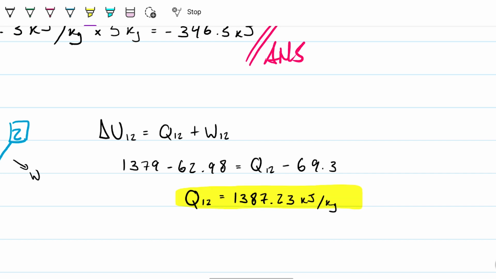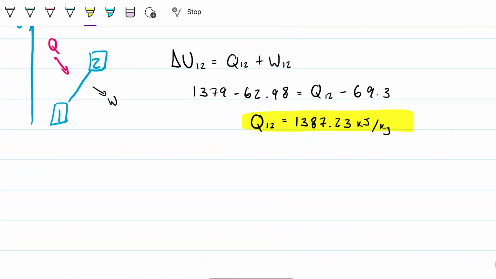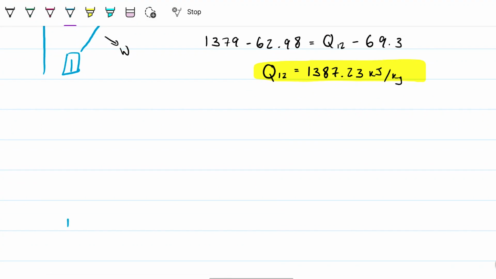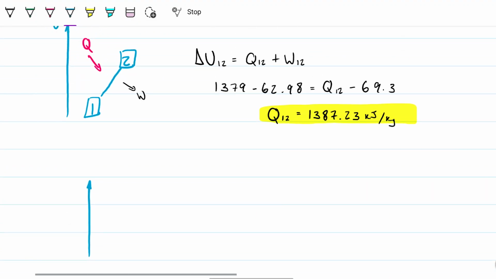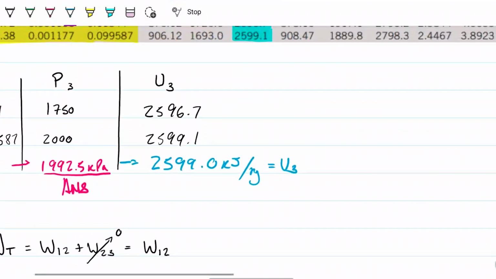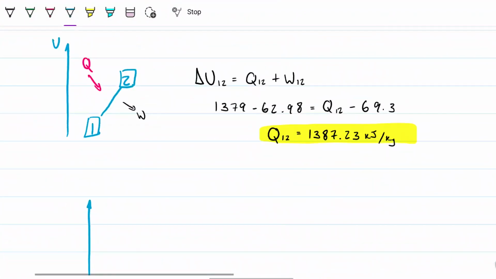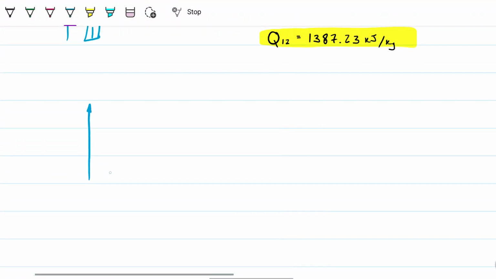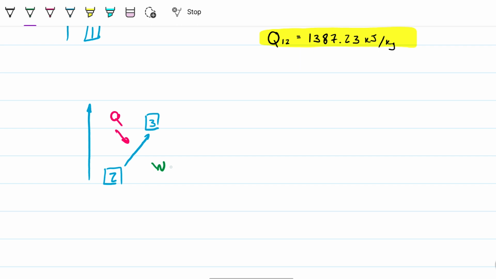Okay, so I'm going to keep this to the side because I need to multiply this by 5. But let's first find the Q from 2 to 3 before we do that. And then from 2 to 3, I know 2 is 1300 and I know 3 is 2500, almost 2600. So from 2 to 3, we're again going up in our energy scale. We again have heat going in, but this time we know work is nil, so there's no work going in or out.